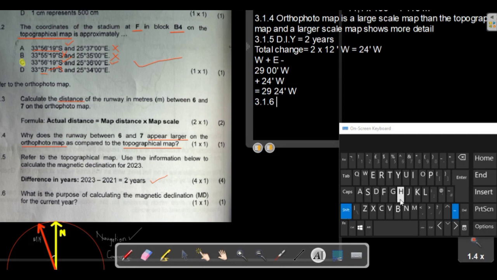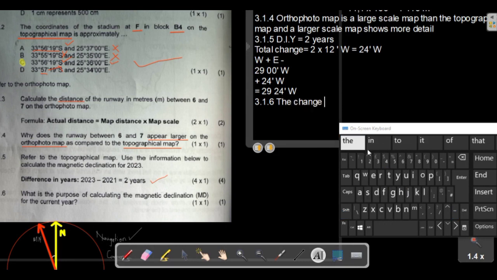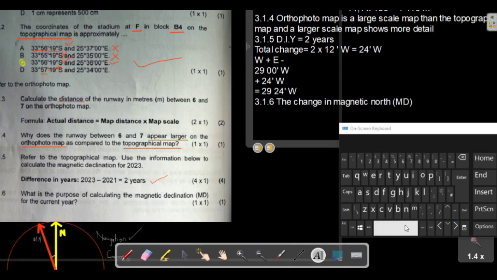So this is what we're going to say: the change in magnetic north, which is, of course, the MD, magnetic declination. So I'm just going to write MD as they did, affects, let's rather say affects, not changes, navigation.